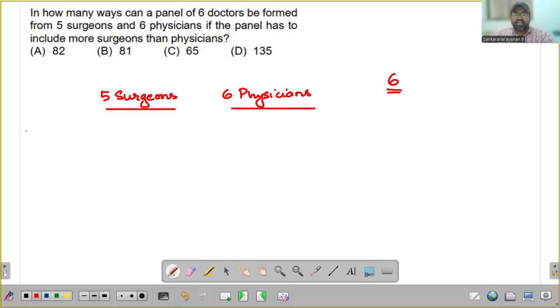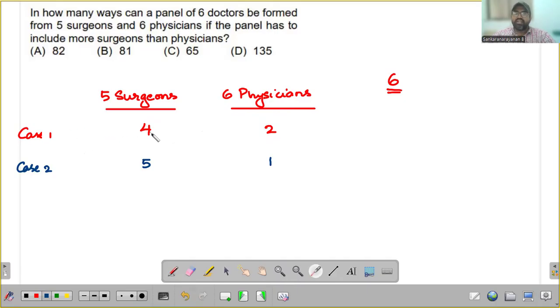So we can consider one case here, case number 1. Let us go for 4 surgeons and 2 physicians. Case number 2, we can consider 5 surgeons and 1 physician. So you can see in these 2 cases, 3 cannot be considered, because then the number of surgeons and physicians will become equal.